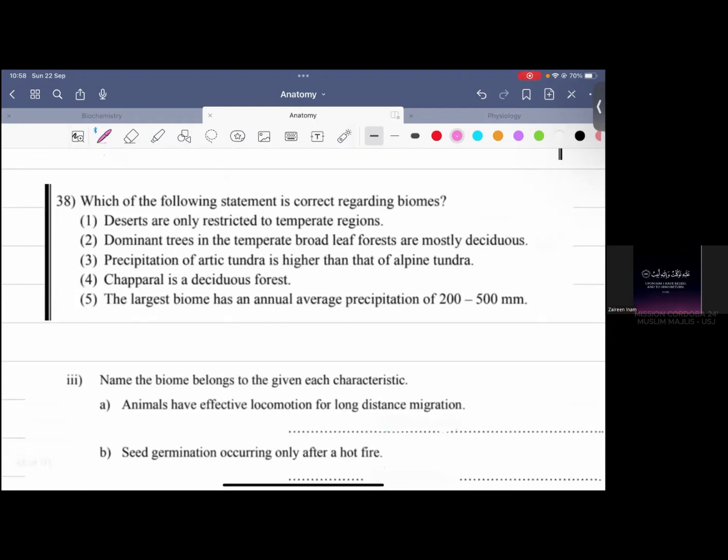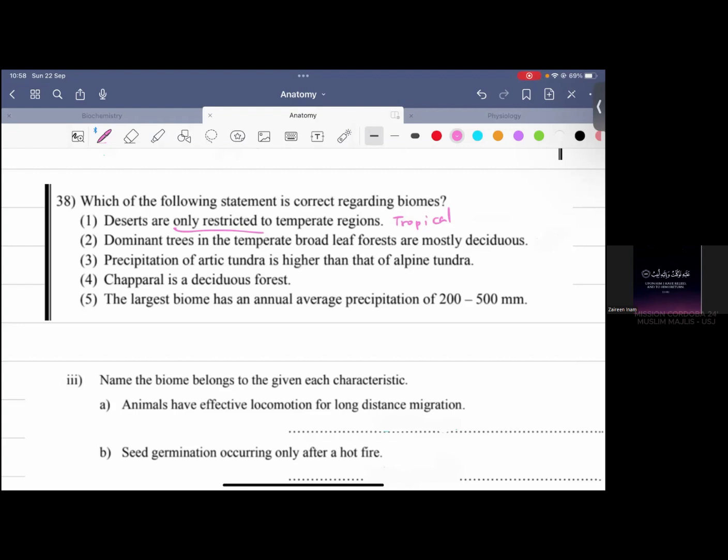This one, regarding biomes, deserts are only restricted to temperate regions. True or false? It's false, right? Because deserts are in tropical region also. It's not restricted to temperate regions.